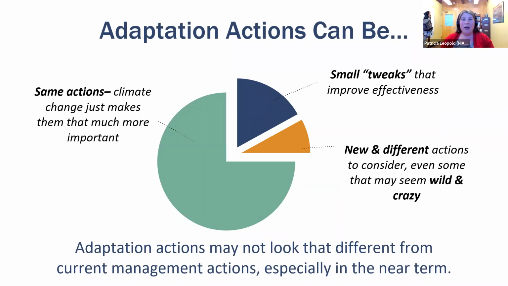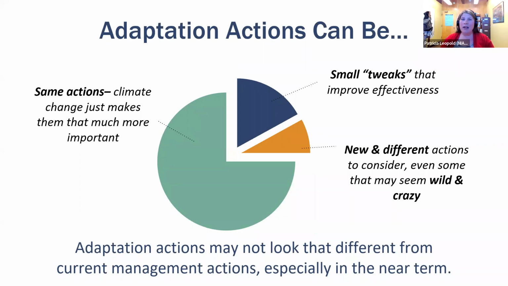And then, every course is a little bit different, but the smallest set of actions that we tend to see are those that are considered new and different, or even wild and crazy. So these are actions that you have not ever used in your management before. There's something new that you're going to try.